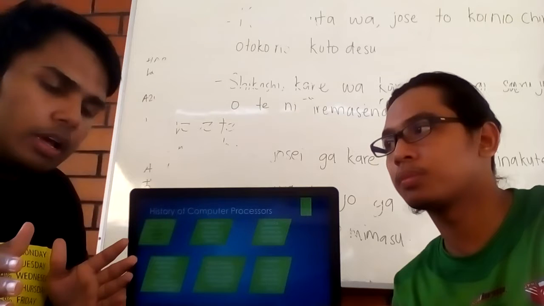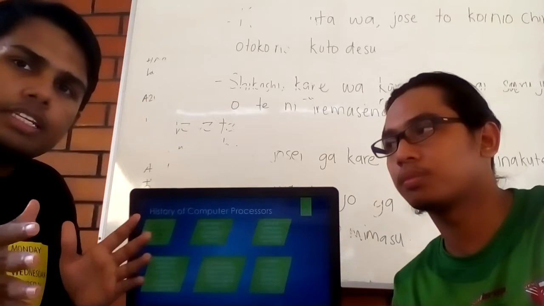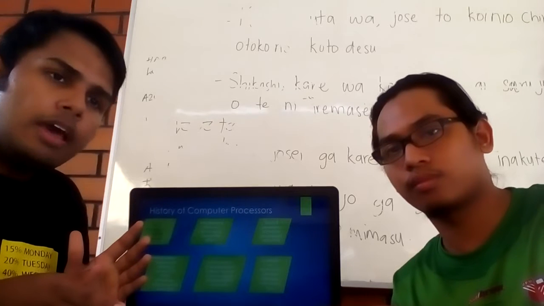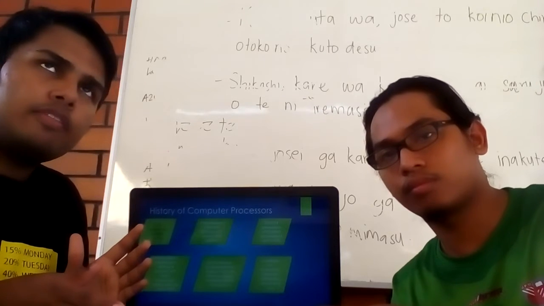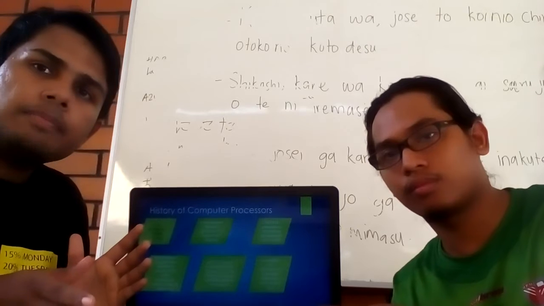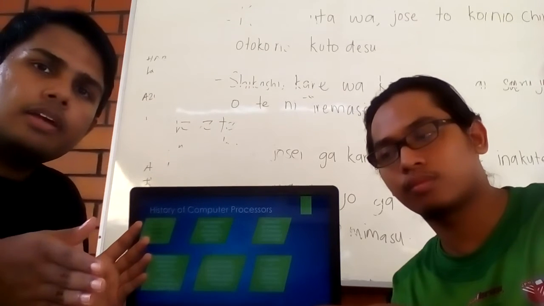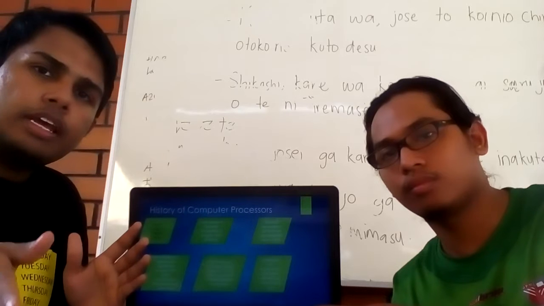i7. Based on history, i7 was introduced in 2007, and the i5 was introduced in 2009, and the i3, if I'm not mistaken, was introduced in 2010.